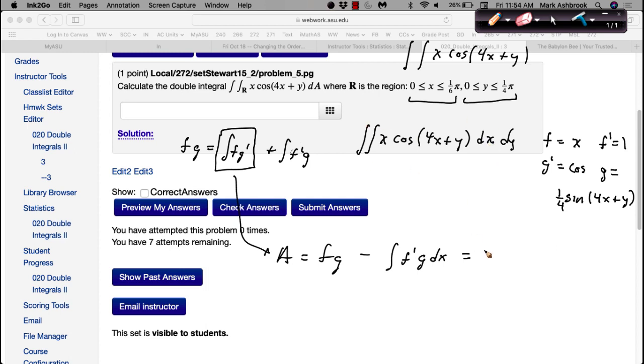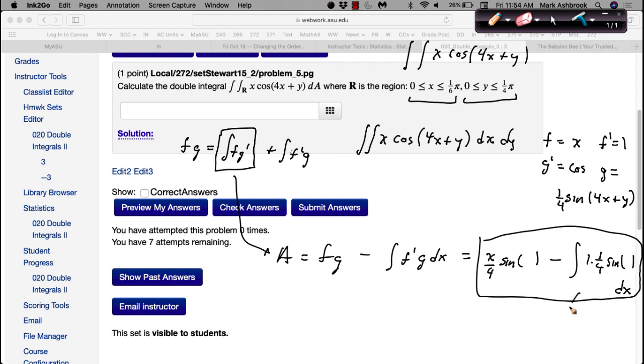That's going to be f times g, which is x over 4 times sine of that thing, minus the integral of 1 times 1/4 sine. This is all to figure out the part of the double integral that's with respect to x.